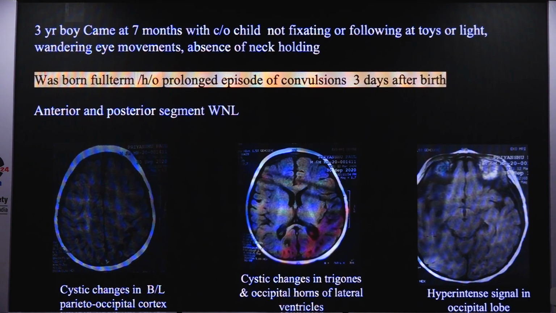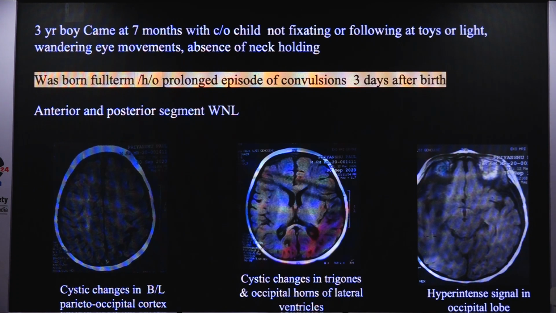Let me illustrate with one of our patients who came to us at age 7 months with the parents complaining the child is not fixing or following toys or light and has wandering eye movements with absence of neck holding. He was born full term, but the child has a history of prolonged episodes of convulsion immediately post birth.